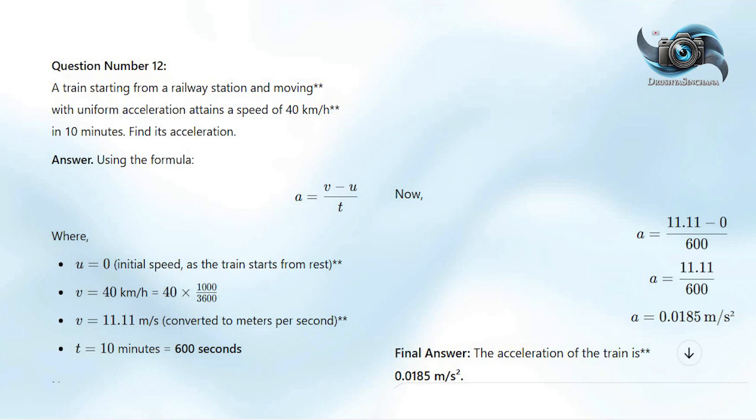Acceleration equals 11.11 divided by 600. Acceleration equals 0.0185 meters per second squared. Final answer. The acceleration of the train is 0.0185 meters per second squared.